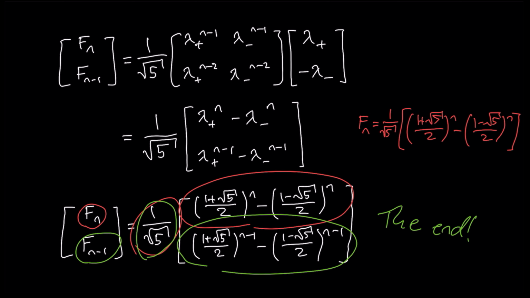Even though there's this square root of 5 hovering all over the place, which is irrational, this equation has to give you the Fibonacci sequence, because that's where we got it from. We got this equation from the Fibonacci sequence.